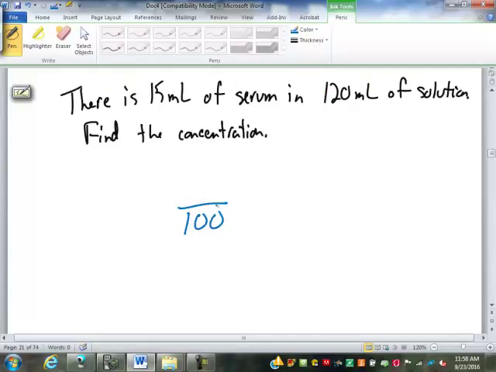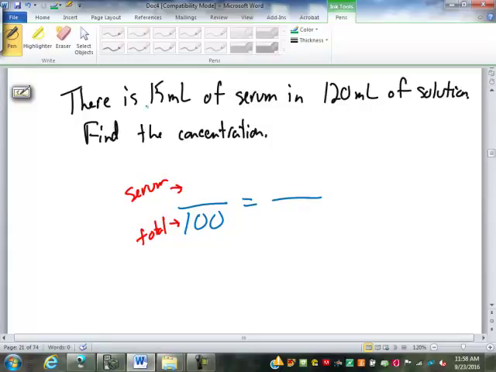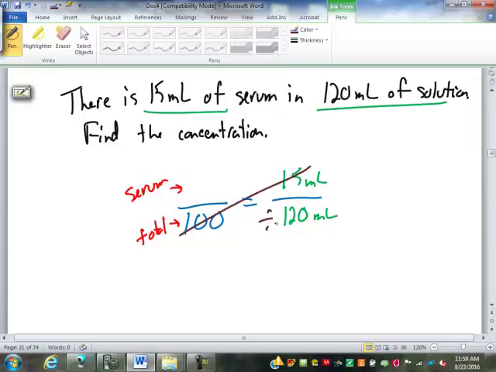Blank out of 100 equals, remember the percent, the concentration represents the amount of serum, and the 100 represents the total volume. So on the other side here, 15 milliliters of serum, so the 15 milliliters goes on top. 120 milliliters total solution, 120 milliliters goes on bottom. So cross multiply. 100 times 15 divided by 120 gives you 12.5. That's 12.5%.